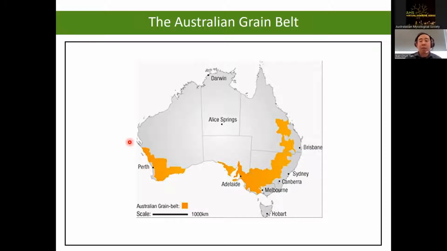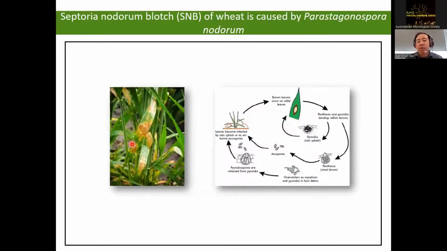Now, whenever there's a monoculture, there's always going to be disease pressure. And one such disease that we've been working on for the past, I would say, a couple of decades, is a disease called Septoria nodorum blotch of wheat. This disease is a result of lesions on the leaf, but also on the stem and bloom of the wheat as well.